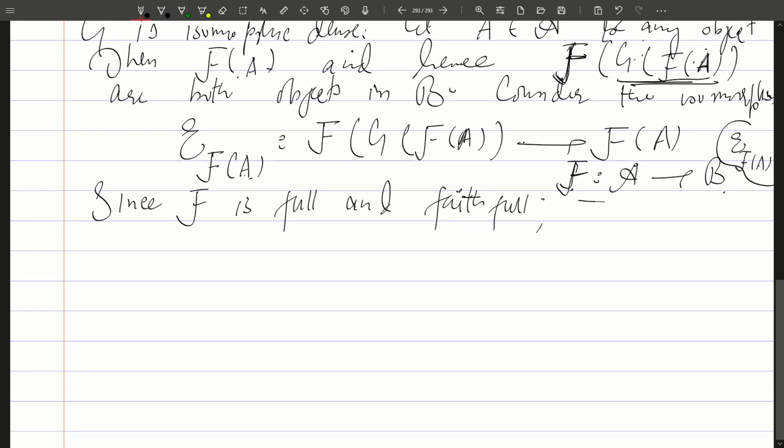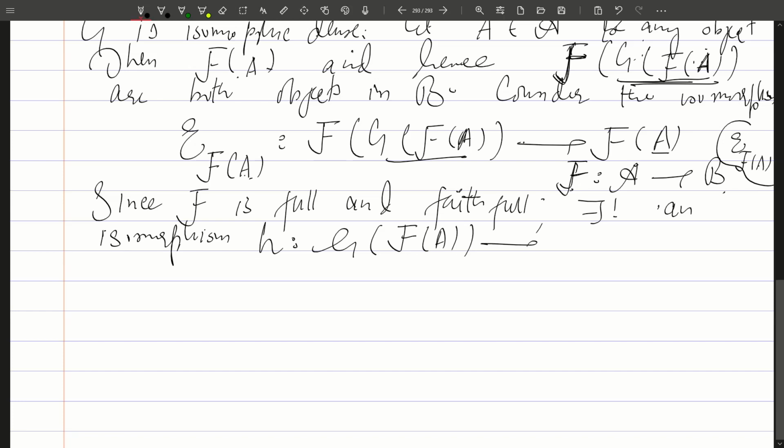So there exists a unique, I mean, an isomorphism, say H from G of f of A to A, such that the F image of this isomorphism is the same as this isomorphism.